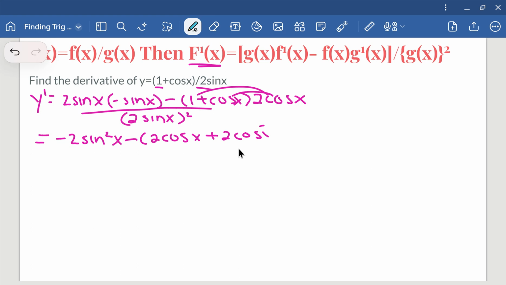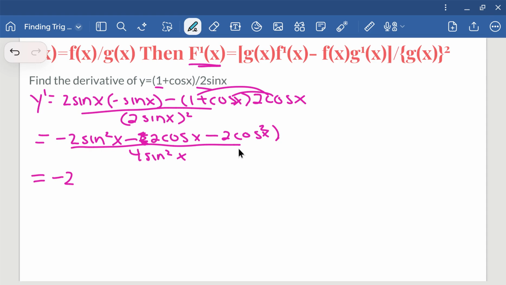Let's put the squared over here. And then in the denominator, if we simplify, we would end up with 4 sine squared x. Now, I'm just going to draw my bracket here and distribute that negative through, and I'd end up with a negative cos squared x.